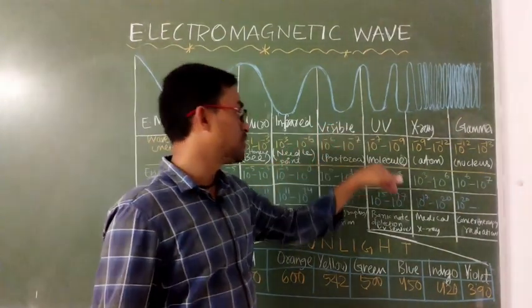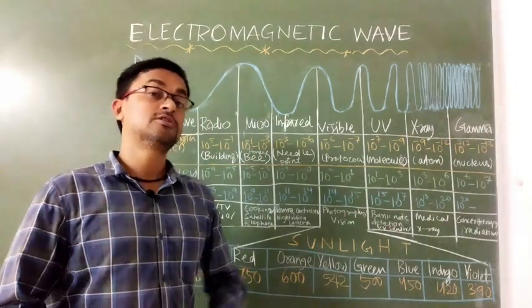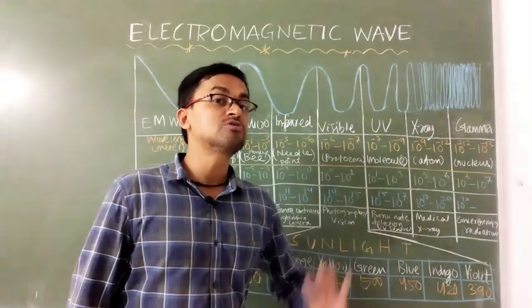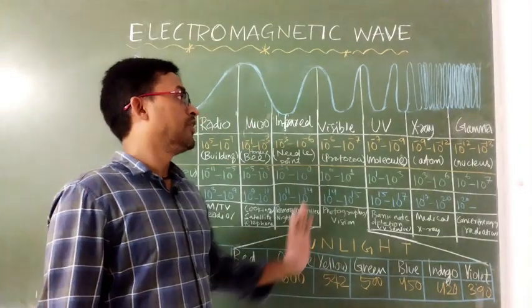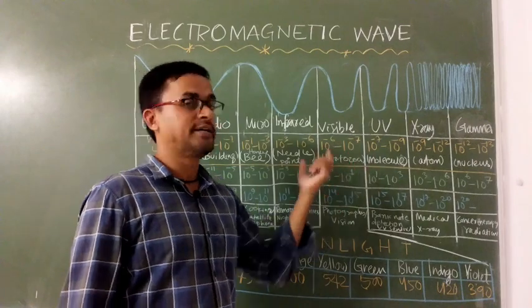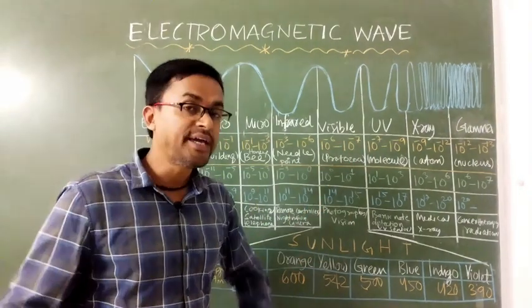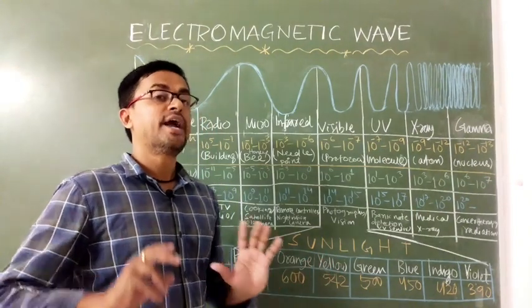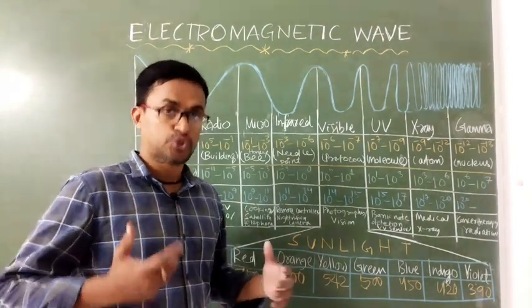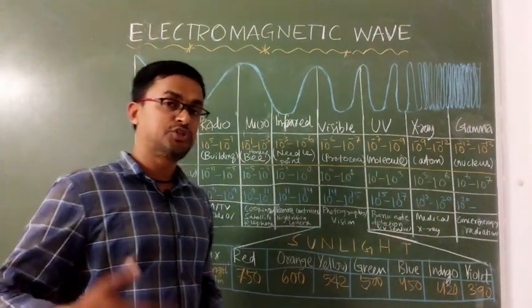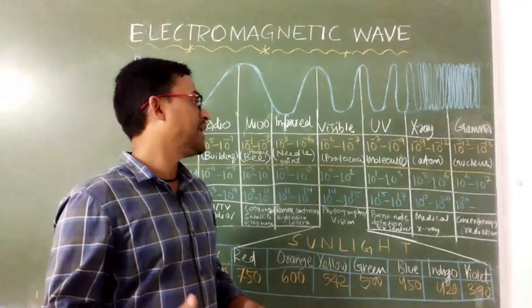When we come to the UV, the energy is now very, very large: 1 electron volt to 1000 electron volts. That means the UV electromagnetic wave has high energy, and it is very difficult for any living being to tolerate. Then when we jump to the X-ray, it is even more energetic.